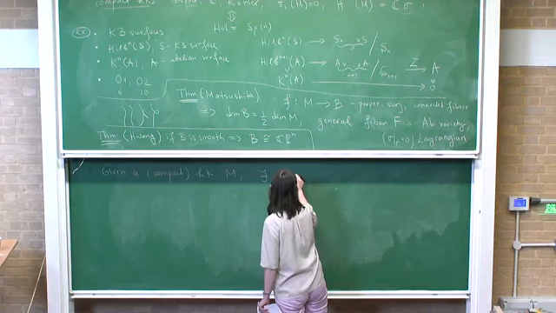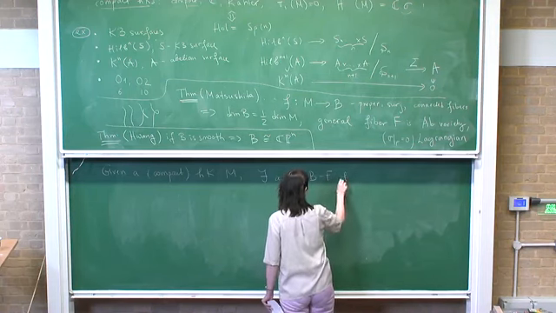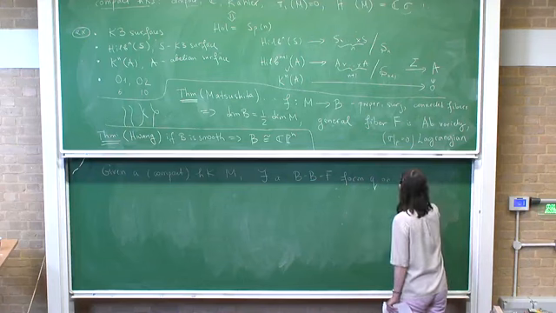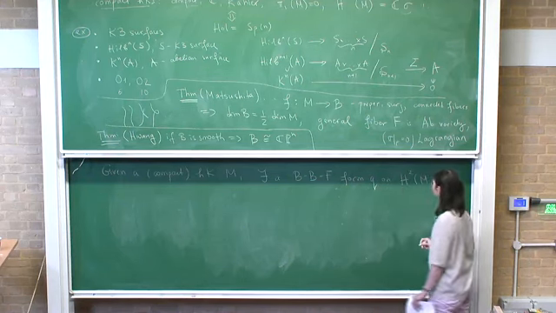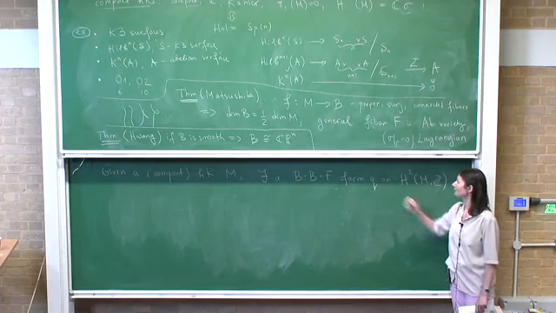So there exists a Beauville-Bogomolov form on the second homology of M, which is an integral primitive form.